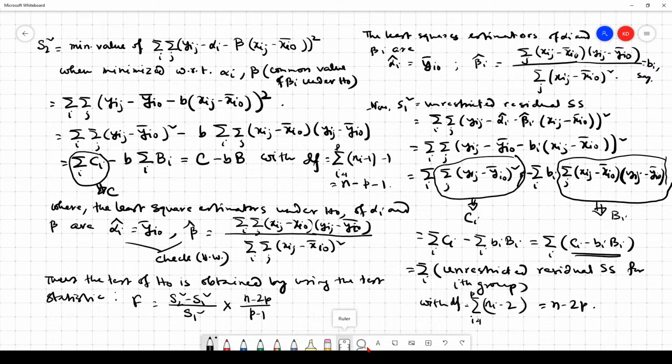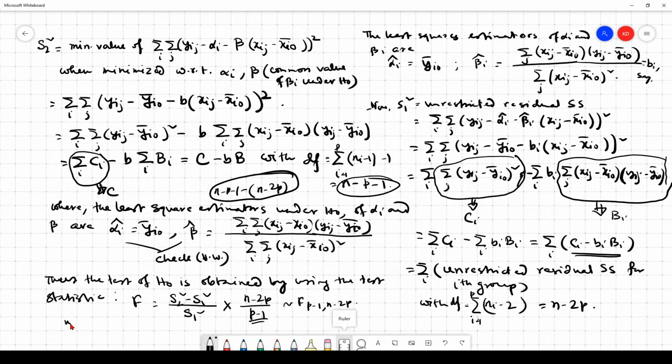The degrees of freedom of S2 square minus S1 square is p minus 1, because if you subtract n minus p minus 1 from n minus 2p, then you get the degrees of freedom. Under H naught, this follows an F distribution with p minus 1, n minus 2p degrees of freedom.